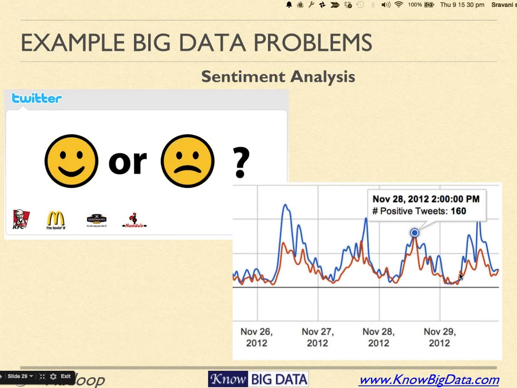Next is sentiment analysis. Sentiment analysis is about what people are talking about your brand, your product, or your organization in the open world. Whether people are talking negatively or positively about you, quantifying that sentiment is sentiment analysis. It could be as simple as going through Twitter and understanding how many negative keywords and how many positive keywords are used against your brand name.